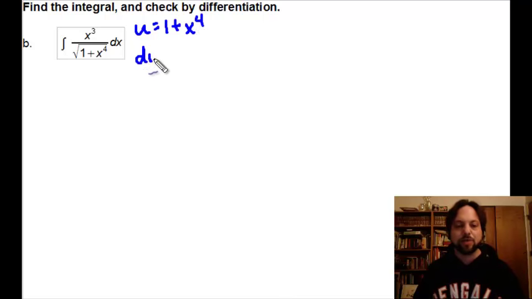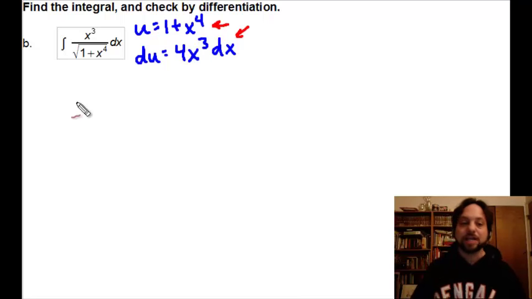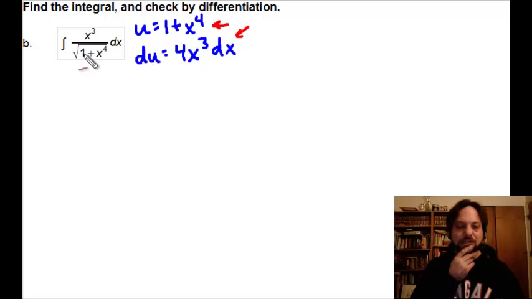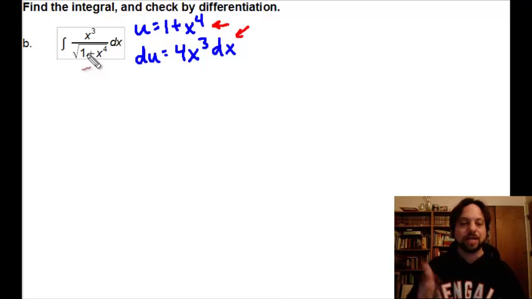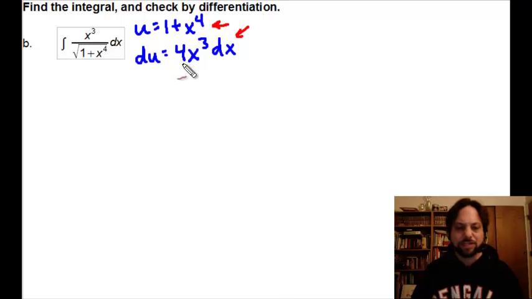And by doing that, we can differentiate that and find out that du is actually 4x cubed dx. Where did that come from? I simply differentiated u to get du, and there it is. So now that I have that, perhaps I can rewrite this function. I clearly have a square root of u in the denominator, but do I have du anywhere?